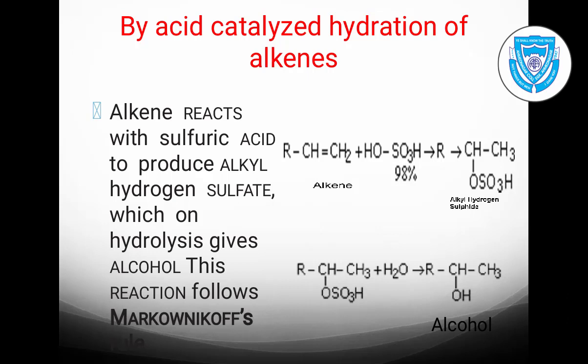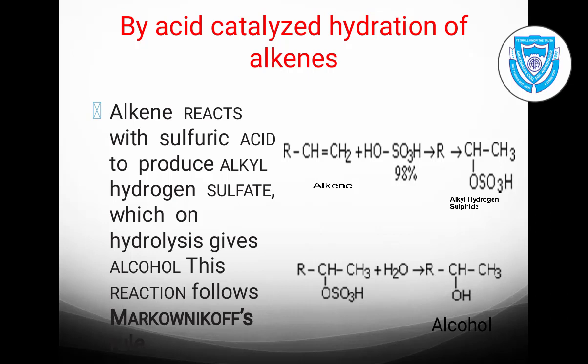So alkenes react with sulfuric acid to produce alkyl hydrogen sulfate, which on hydrolysis will give you alcohol. Now how does it follow Markovnikov's rule?